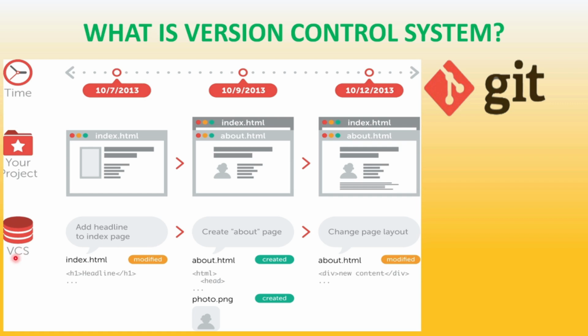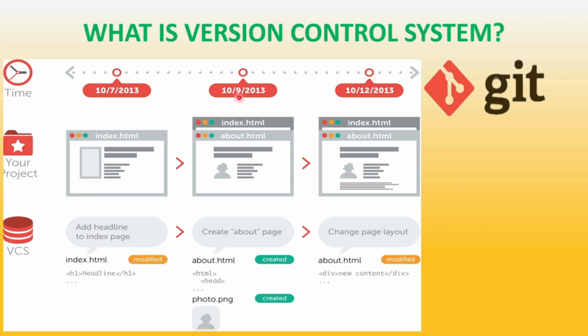You can see over here at the end VCS and the database container. A version control system is nothing but a repository or storage area. It's like a database which stores the changes or modifications done to your file. It tracks all the changes made to your project.